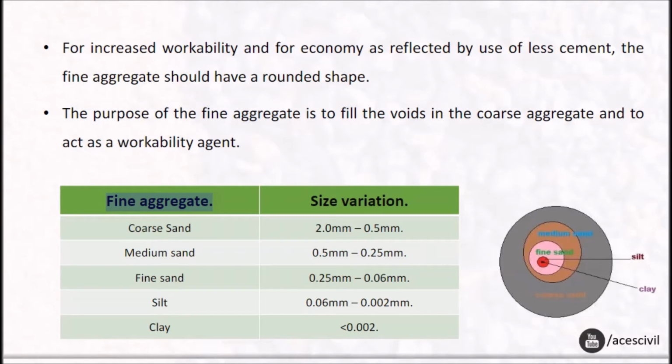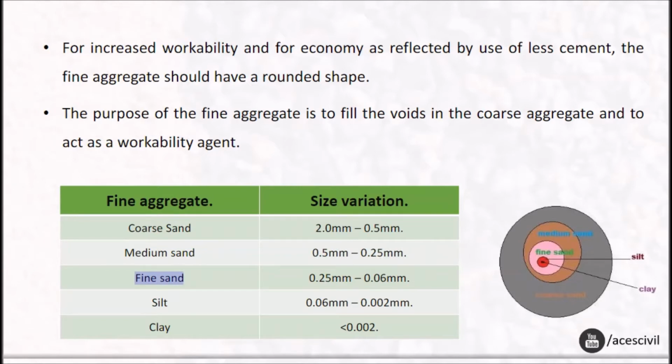Fine aggregate size variation. Coarse sand: 2.0 mm to 0.5 mm. Medium sand: 0.5 mm to 0.25 mm.